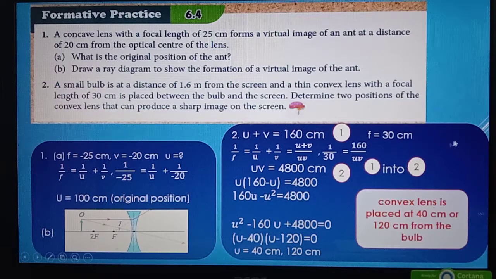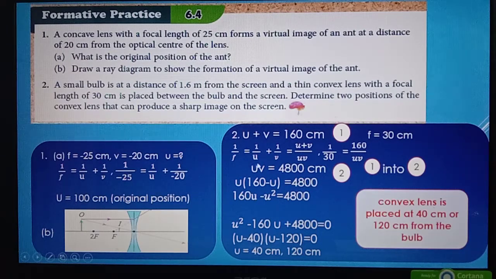Maybe you have another method you can try. Given information: u plus v, because the bulb and the screen, meaning the object and the image, is 1.6 meter. So u plus v equals 160 centimeter, and the given focal length is 30 centimeter.